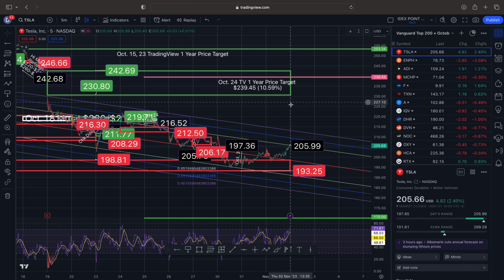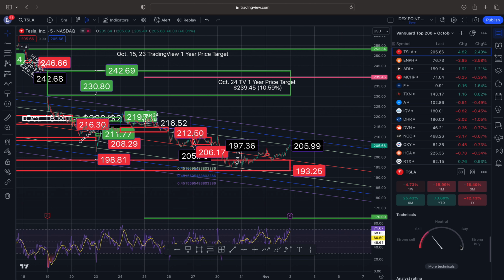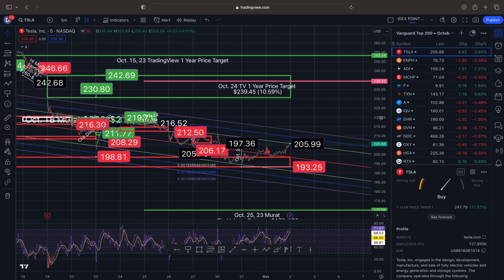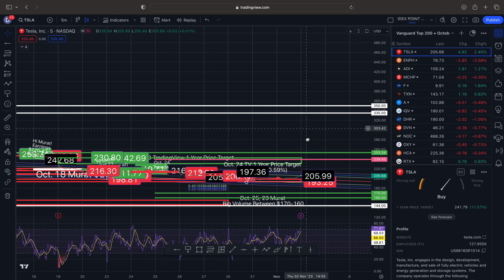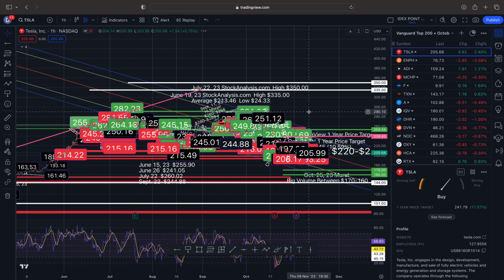This gap is still in play at 242.69. It closes out. Opens up at roughly 230.80. And they also changed the price target for Tesla to 241.79. I have previously marked it out here at 335 and 350, see on stock analysis.